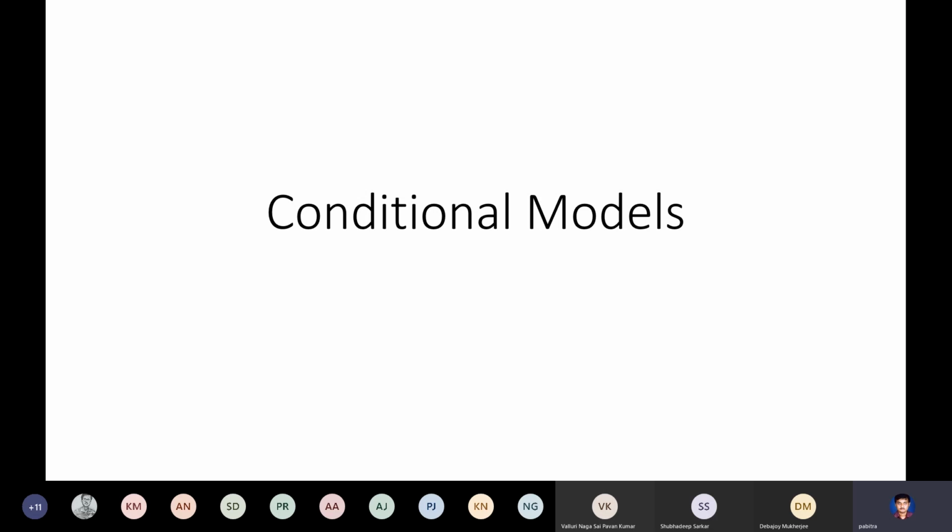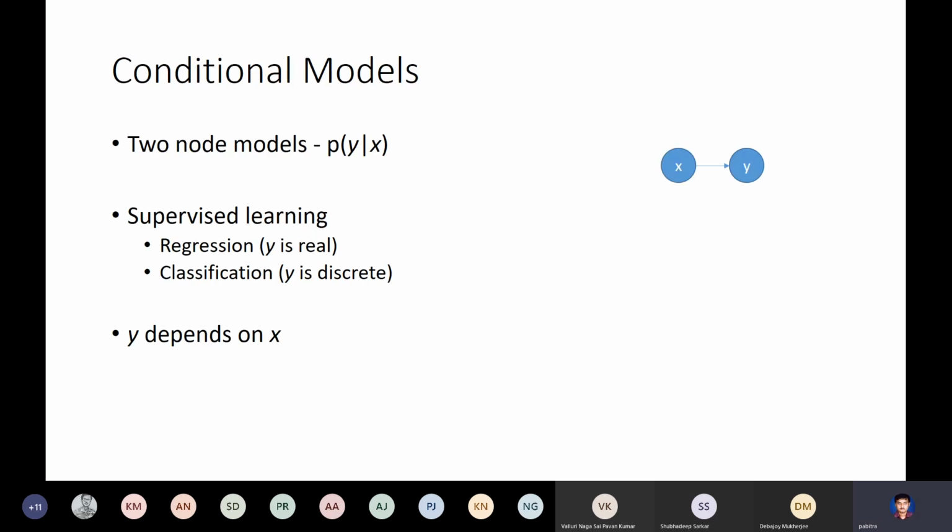Now let us move on to the two node models, where I have two sets of variables X and Y. Say for example temperature and humidity, I can divide them anyway. Note that X and Y need not be individual variables, they can be sets of variables.